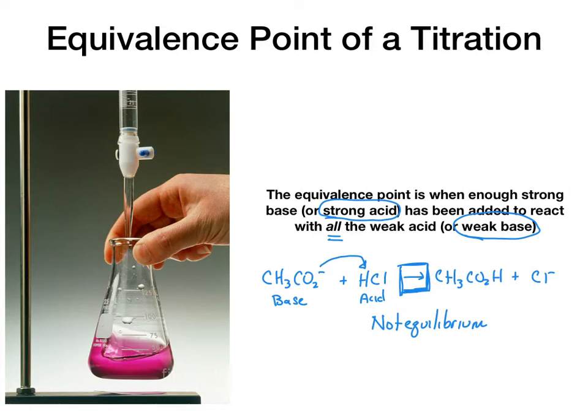When a reaction goes to completion, it means that we are working with stoichiometry. And so the equivalence point is when both reactants, so both of these guys, are limiting reagents.